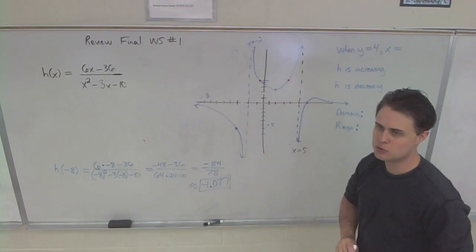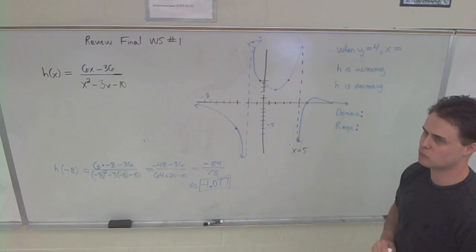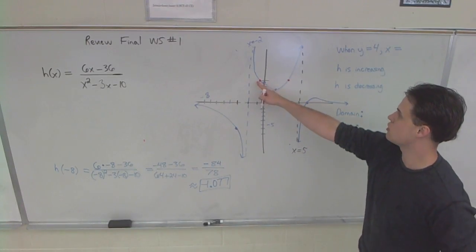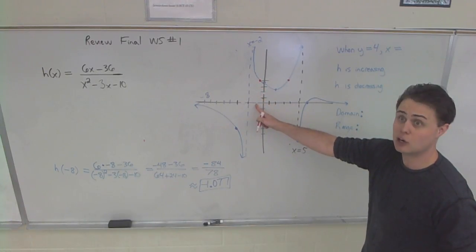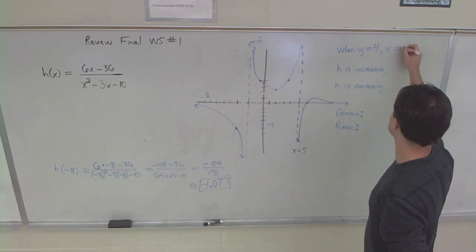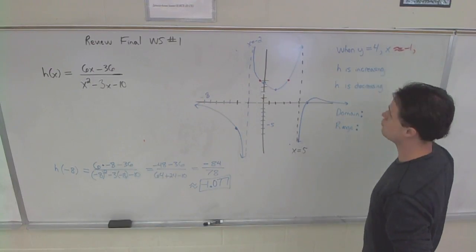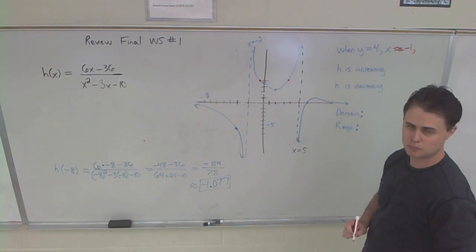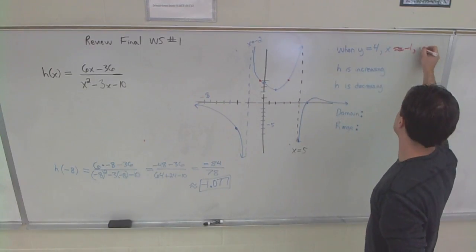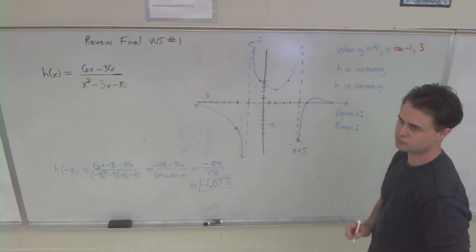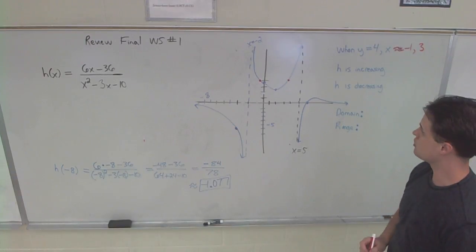So there's two values that would work. Let's just estimate them. So from the graph, what do you think this one is, x-wise? Negative 1, something like negative 1. So we'll say about negative 1 and 3, 3.5, something like that. Okay? There's how you do that.